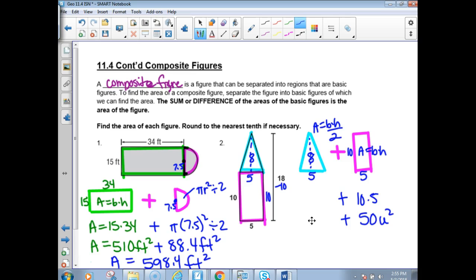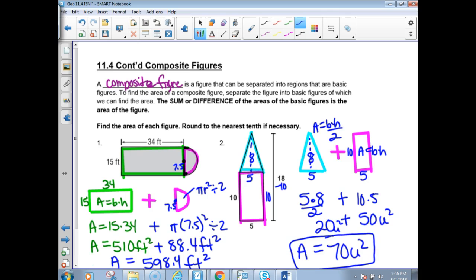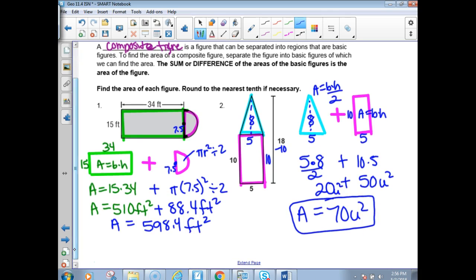So now I'm going to take the base 5 times the height 8 and divide by 2. That's 40 divided by 2, so the area of the triangle is 20 square units. We add it all up and we get 70 square units for the area of the composite figure. I think I gave you plenty of space that you could draw these pictures and write things out neatly.